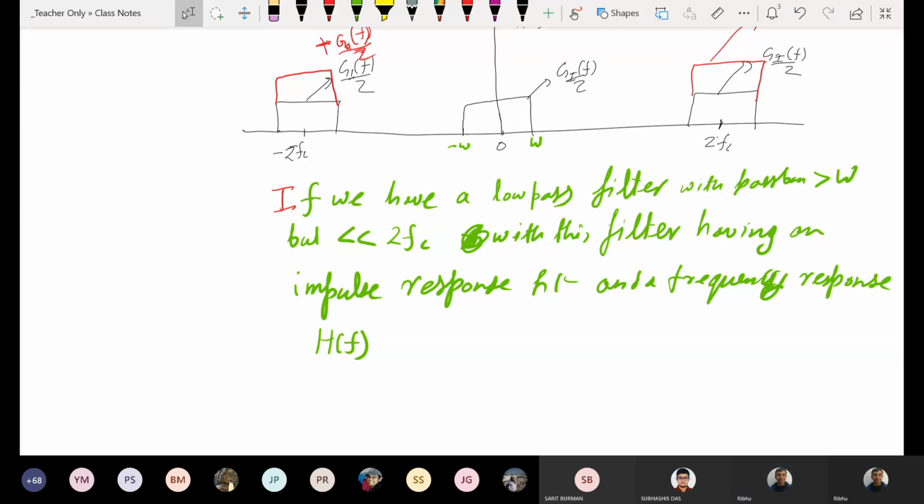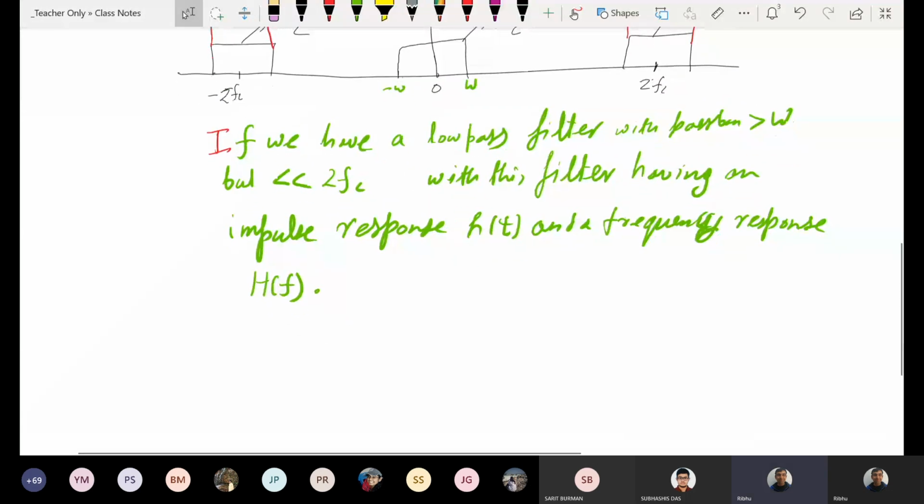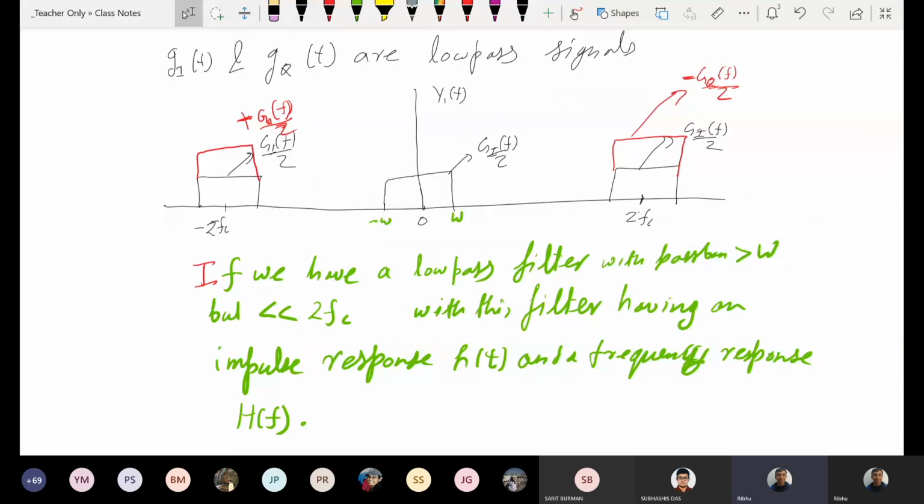Fine. So I can now draw, say, this is the filter bandwidth, and this is what is allowed.